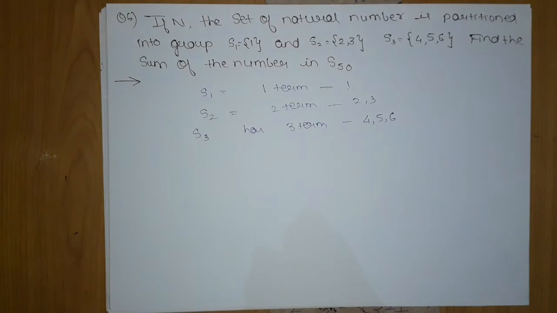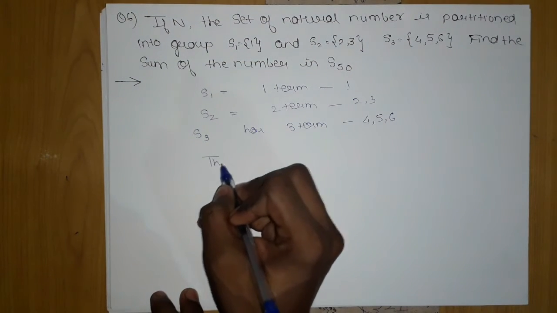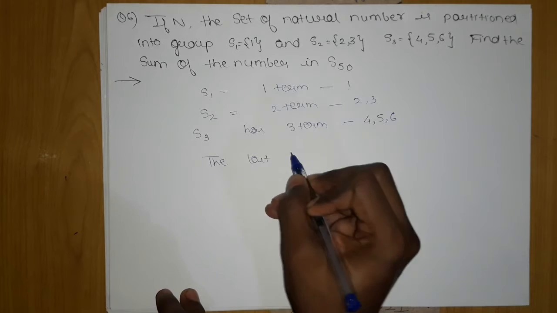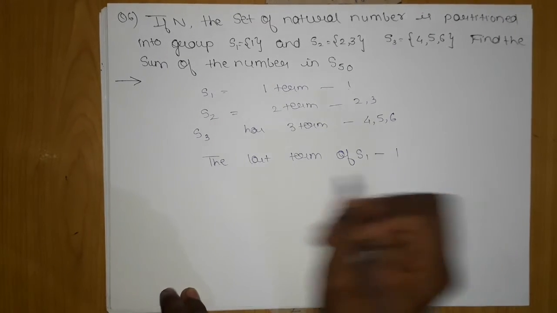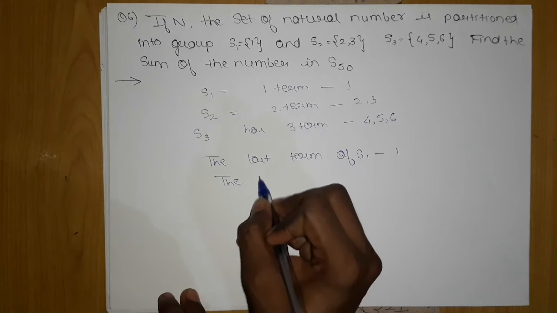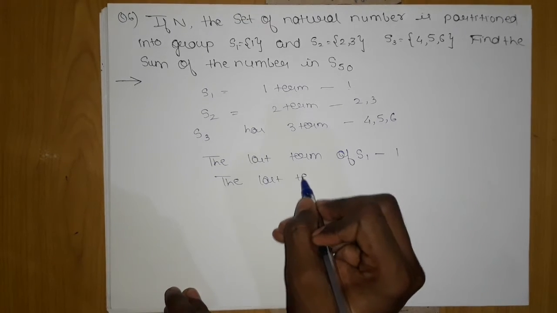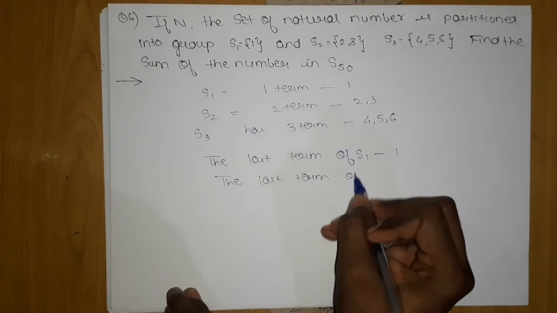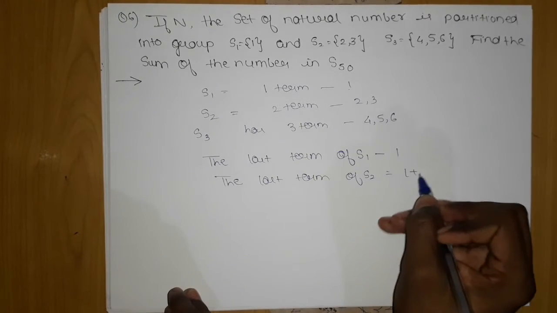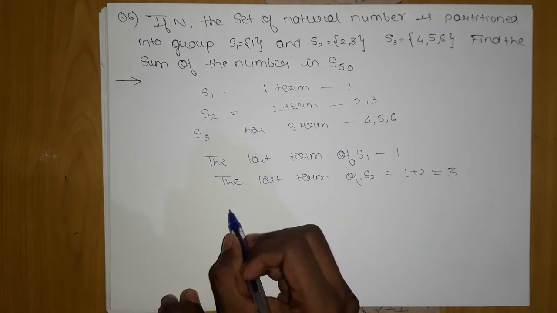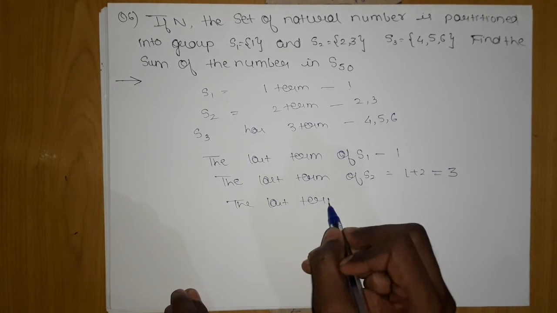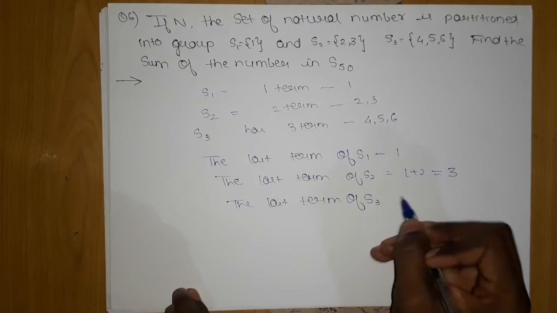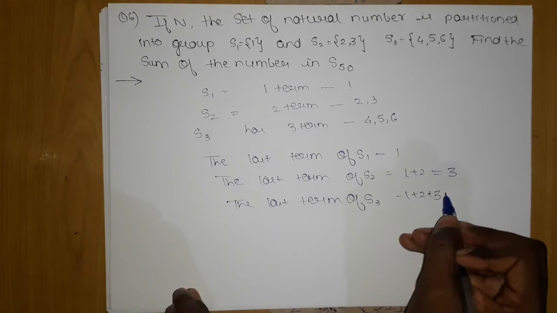Now the last term of S1 is 1. The last term of S2 is 1 plus 2, which is 3. The last term of S3 is 1 plus 2 plus 3, that is 6.